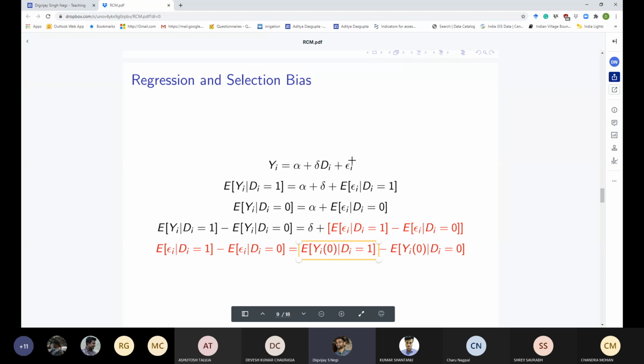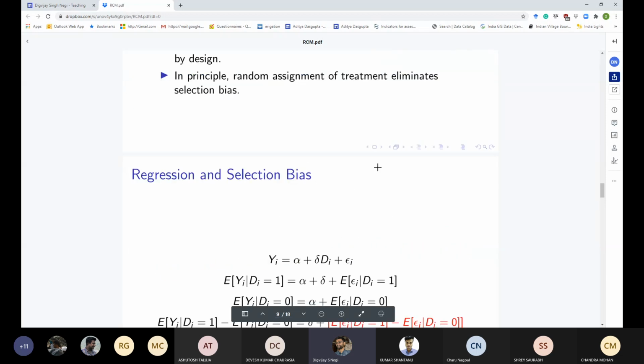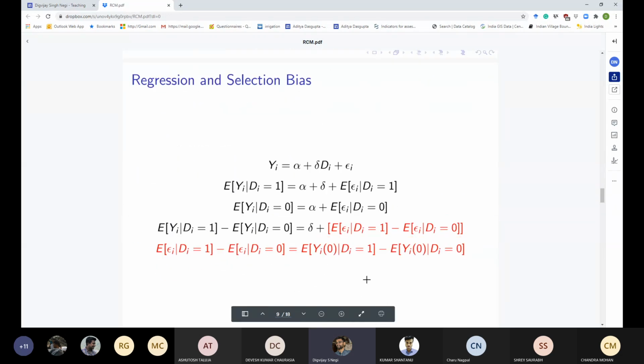Of course, if these two are equal, that does not mean the regression does not have an error term. There would be an error term here, which would be the statistical variation in yi and di. But this just relates the error term in the regression to the potential outcomes in the Rubin's causal model.